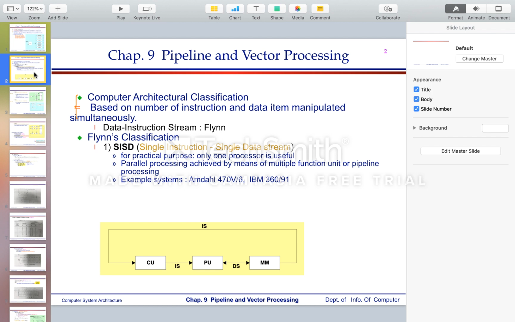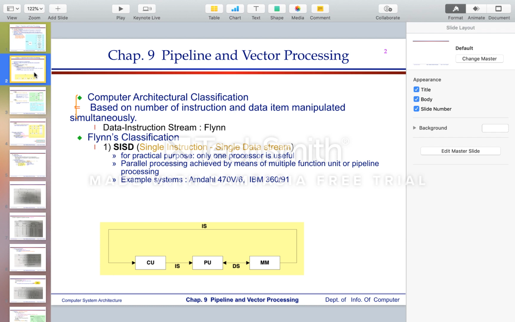Now based on how these two are manipulated, Flynn has shown four types of classification. One of the classifications is SISD, which is single instruction stream and single data stream. In SISD based systems, the computer will have a control unit, a processing unit, and a memory unit, as you can see in this diagram.